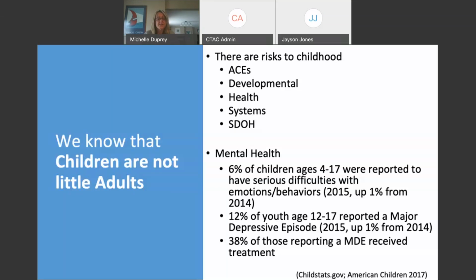Obviously, there are some systems that children are part of that adults are not necessarily part of: the foster care system, the juvenile justice system, residential systems, lots of different things. School is the number one job of a child, and that's a very different experience than an adult having a work life.